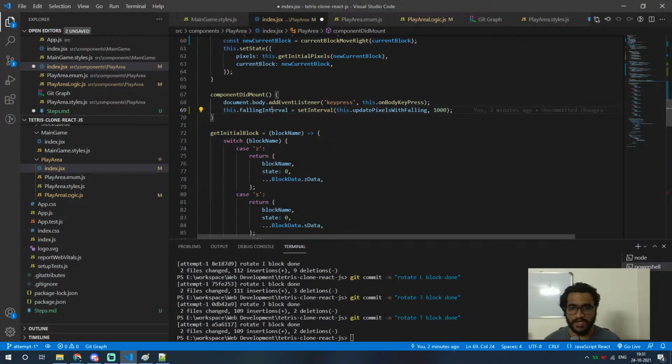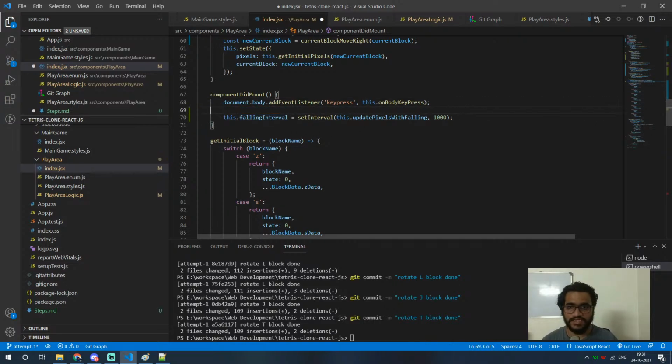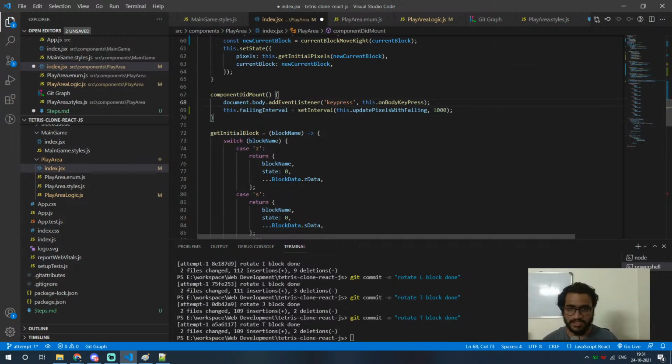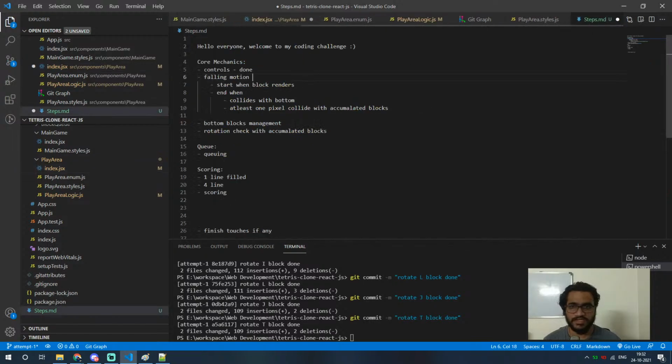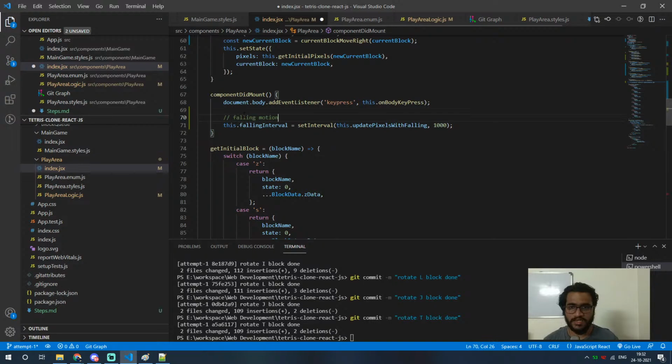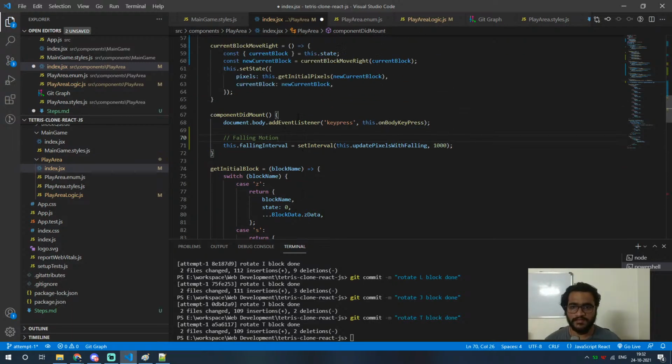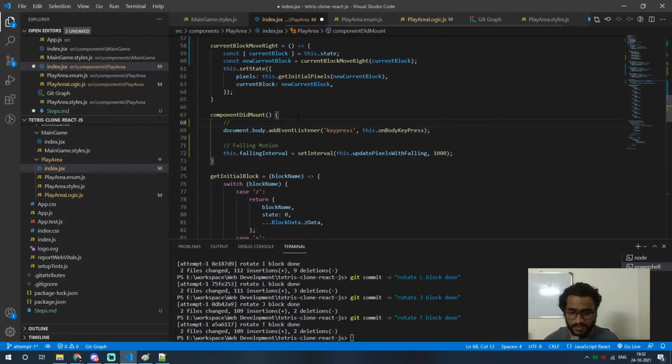Okay, so we are adding another line to it, which is not related to document.body. These two are not related. This has a totally different use, which is falling motion, right? So I'll just add this line so that we understand it better. And this is for key capture.